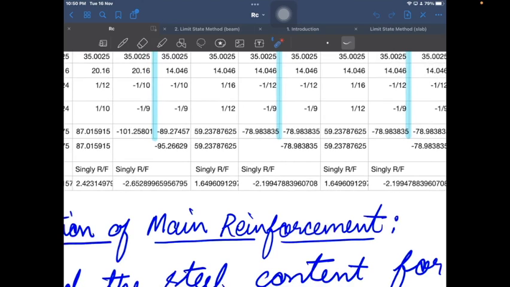For your case you'll get a different MR limiting value, and you have to compare with that MR limiting value and just hope that this value is less than that value, so that you will give singly reinforced. If unfortunately your value is more than the limiting MR moment, then you have to give doubly reinforced.